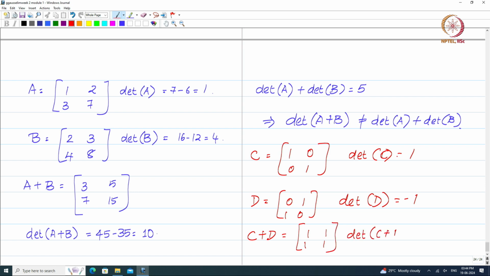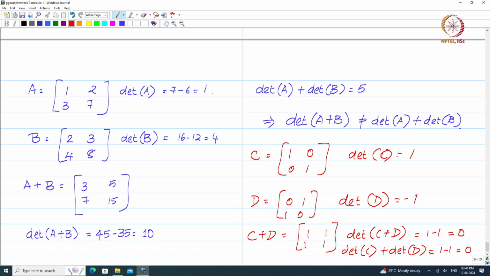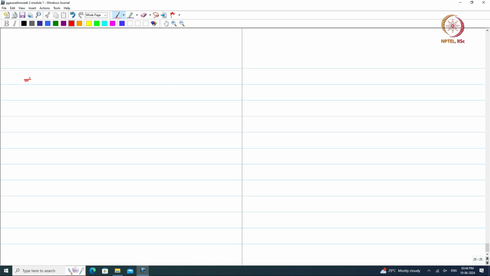Now, the determinant of C plus D is equal to 1 minus 1, that is equal to 0. Determinant of C is 1, determinant of D is minus 1, but determinant of C plus D is not equal to determinant of C plus determinant of D. Determinant of sum of matrices need not be equal to sum of determinants.